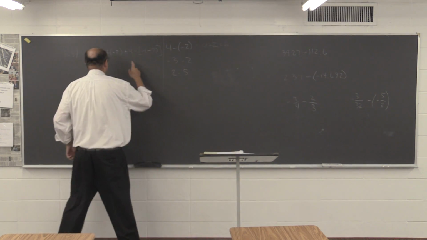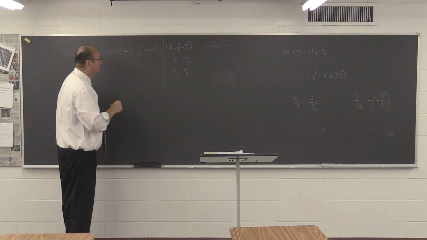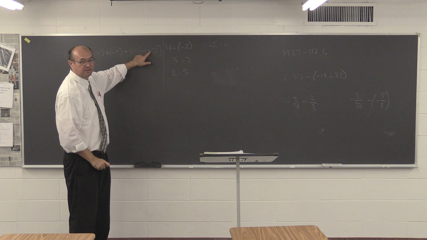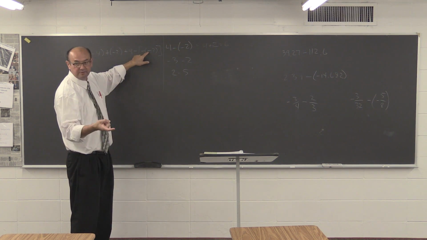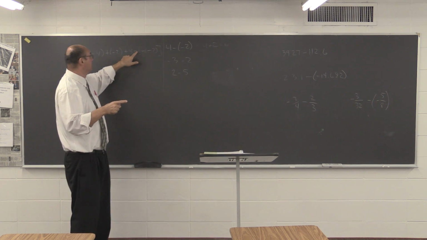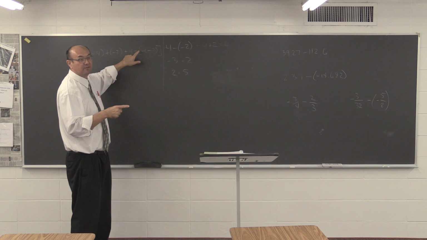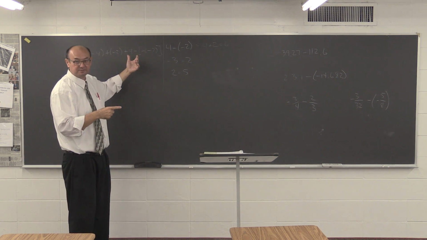Look at this problem here. We'll do this one later. But see the 3 minuses here? This minus makes it, what's the opposite of a negative 7? A 7, right? Okay, here's another minus. Minus means opposite of. The opposite of a positive 7 would be a negative 7, right?